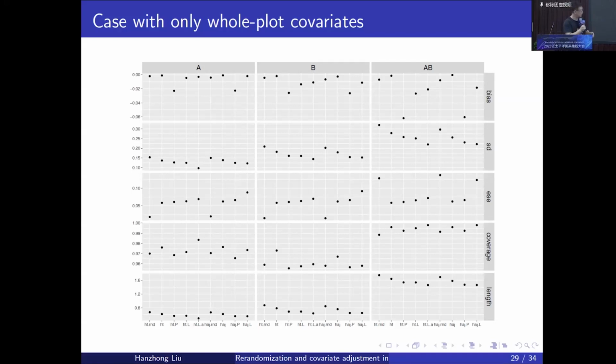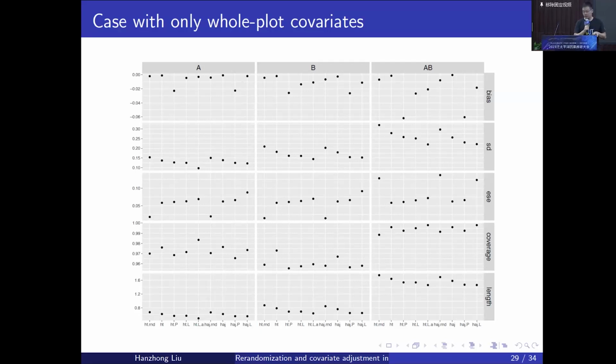Moreover, the Horvitz-Thompson estimator that adjusts for the whole plot size factor performs the best, which is coherent with our corollaries. The third row shows the empirical positive bias of the standard error estimators, which indicates that the covariance estimators are conservative.